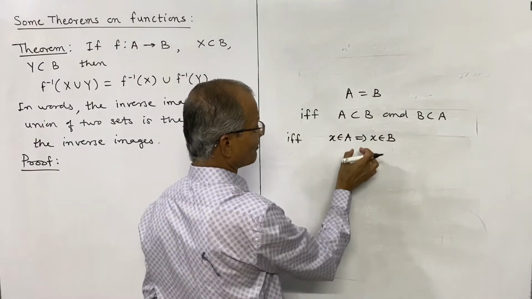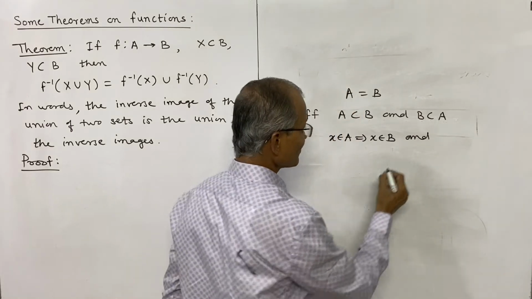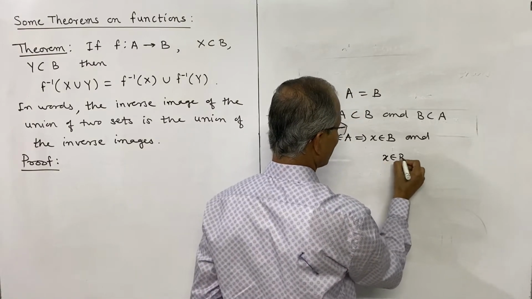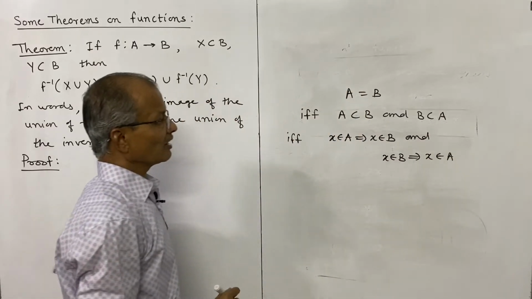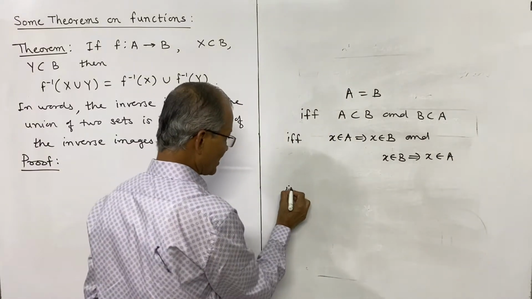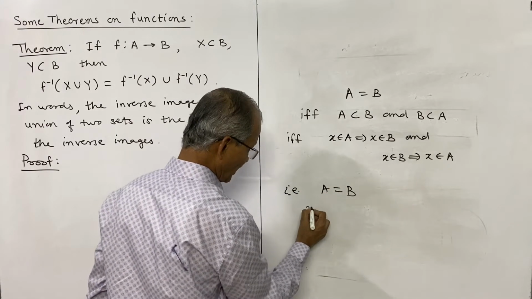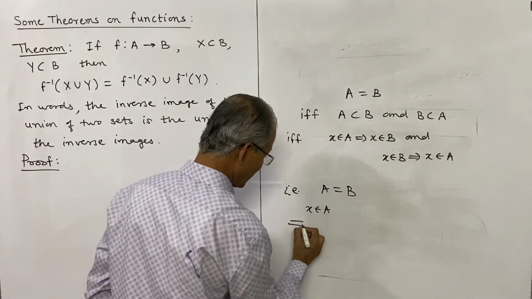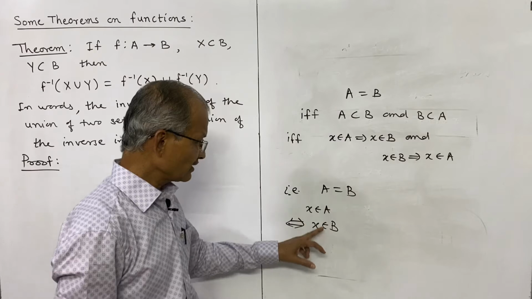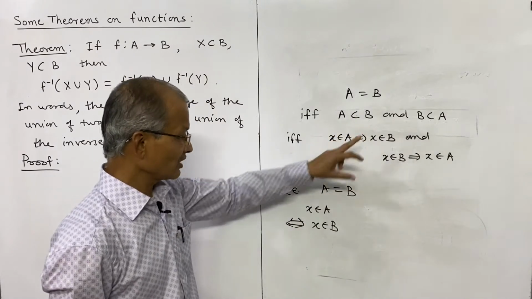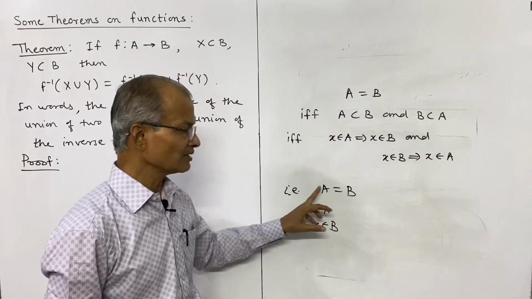X belongs to A implies x belongs to B, and B is a subset of A means x belongs to B implies x belongs to A. Or in other words, A will be equal to B if and only if x belongs to A implies and is implied by x belongs to B. X belongs to A implies x belongs to B means A is a subset of B, and conversely x belongs to B implies x belongs to A means B is a subset of A.